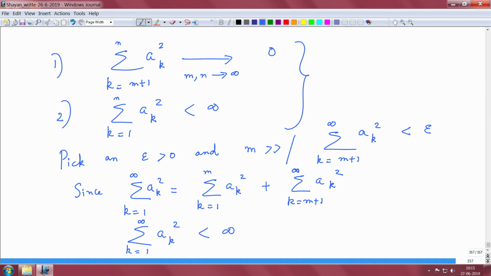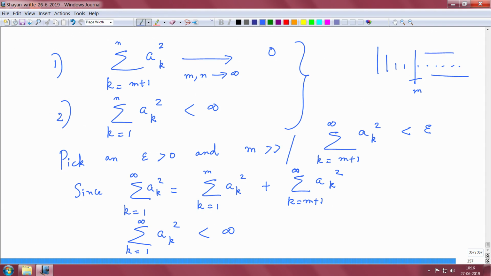So what we have done is the following: we pick m to be very large such that this summation k equals m plus 1 to infinity, that is across the tails, I have a sequence like this. So m is possibly here, and the summation from m plus 1 to infinity is this region over these coefficients ak square.